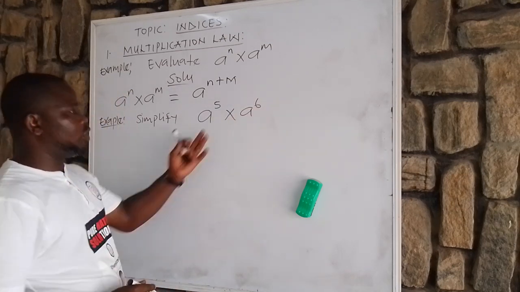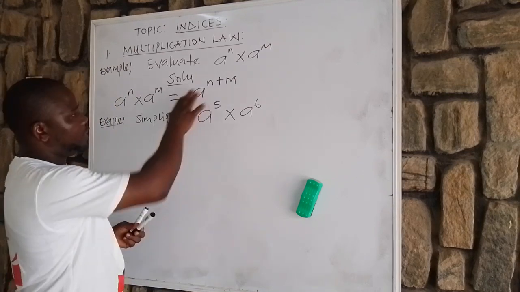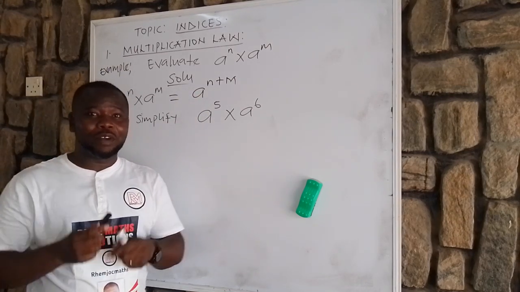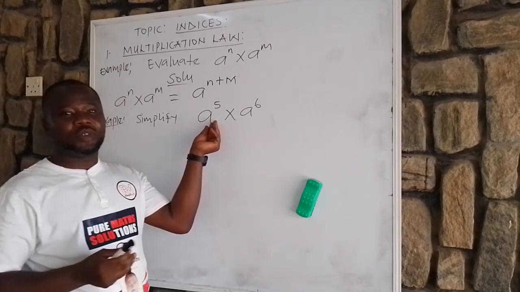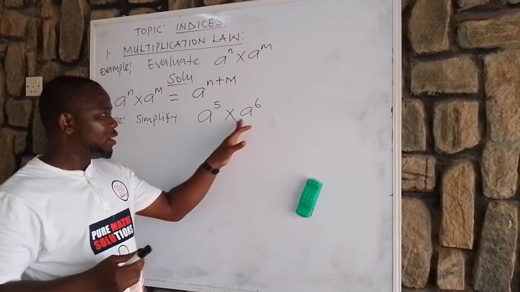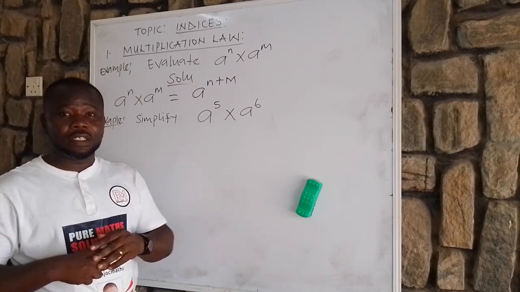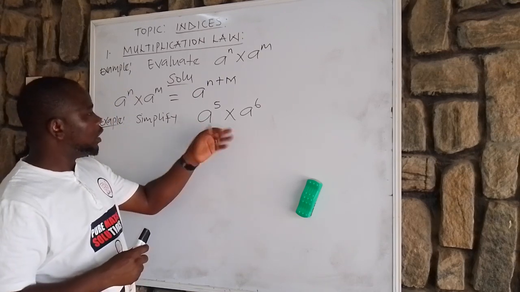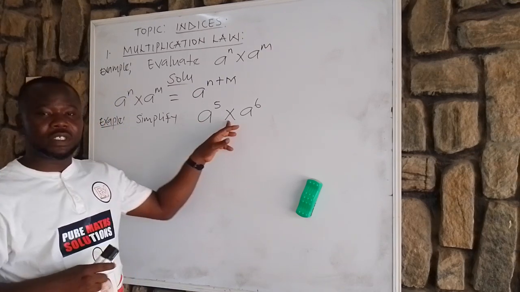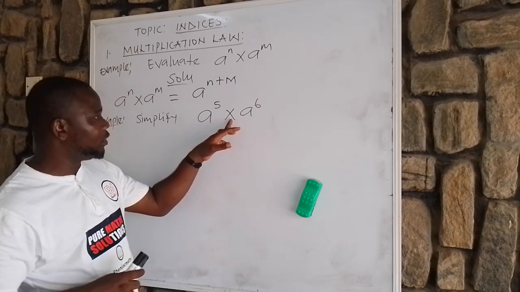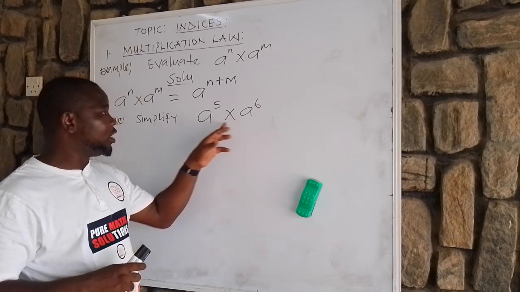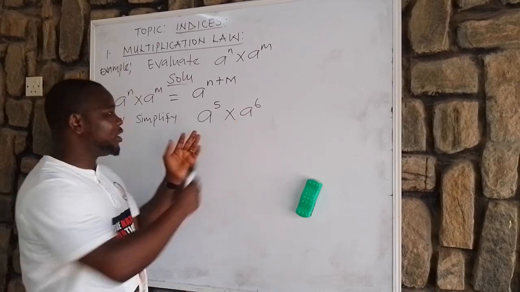With my explanation, you don't need a prophet to tell you. You can tell somebody the answer without solving this particular expression, because here we are going to use the multiplication law. Why? Because the operation here is multiplication between the two bases.